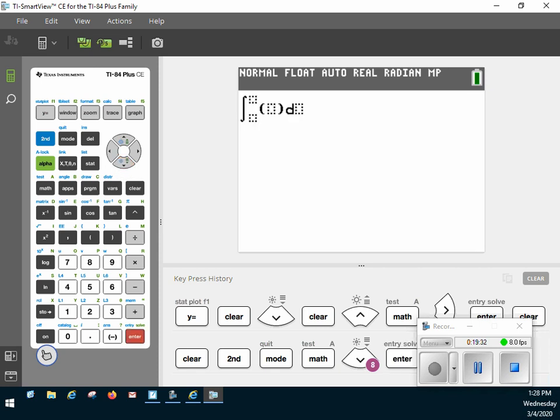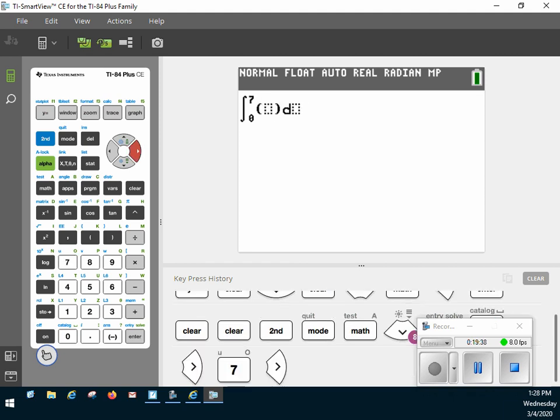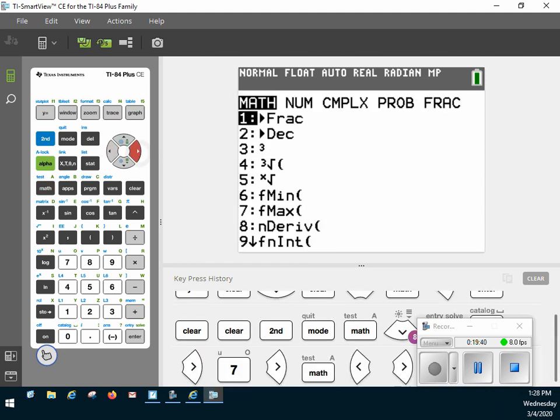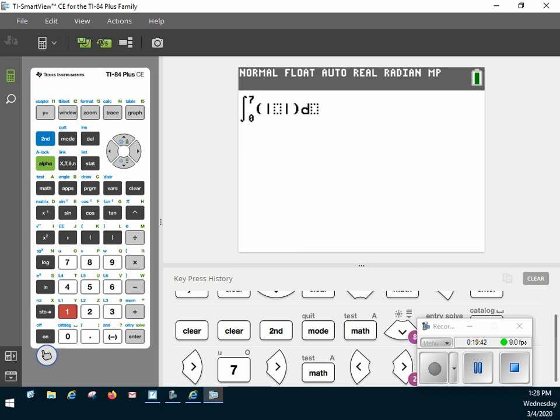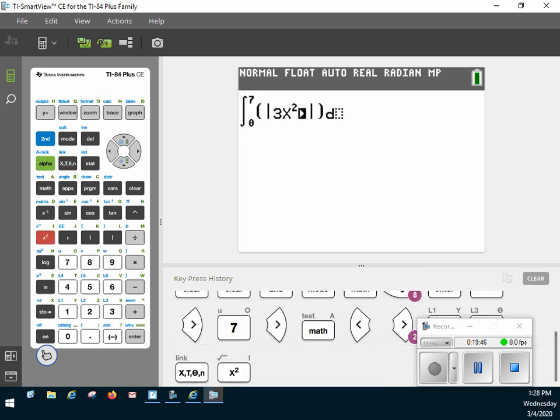Integral. From where we're going, 0 to 7. T squared. That's a plus, isn't it? Plus 6. Is it plus or minus? It's plus.